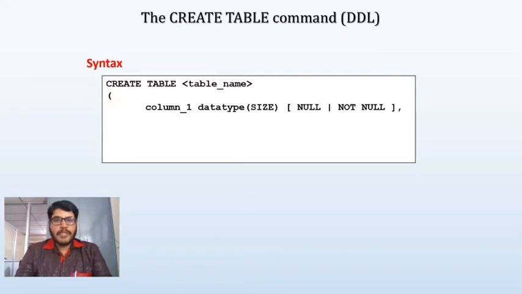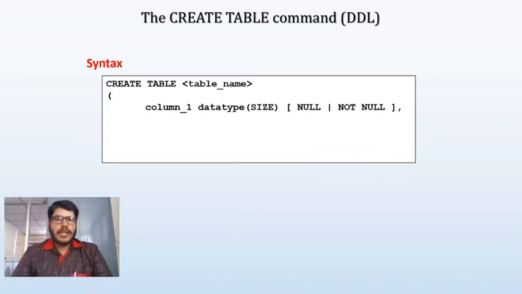Data type highlights what type of data a column can hold. Suppose I'm defining a column name as roll, then the data type should be number. If I'm specifying the column name as student name, then the data type should be varchar. Likewise, we should specify the column name, and after the column name we should specify the data type.